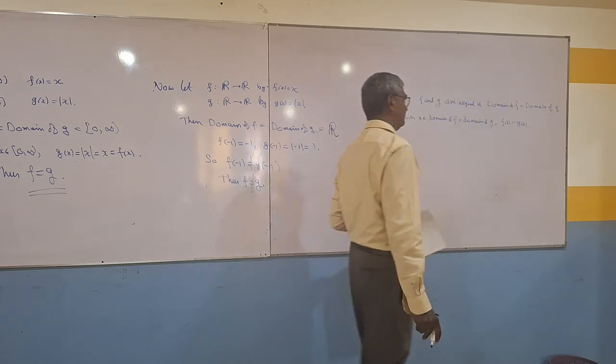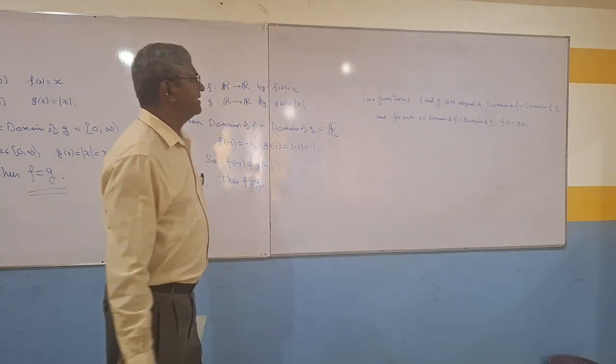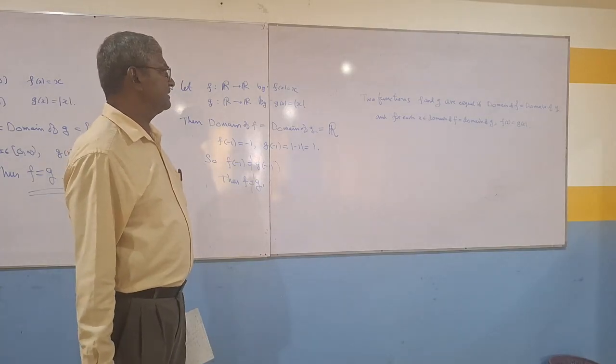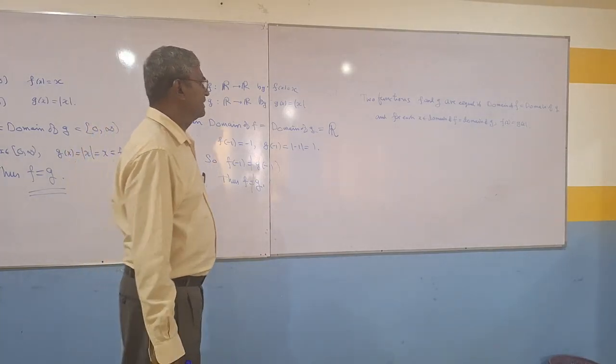Two functions f and g are equal if domain f equals domain g, and for each x in the domain, f(x) equals g(x).